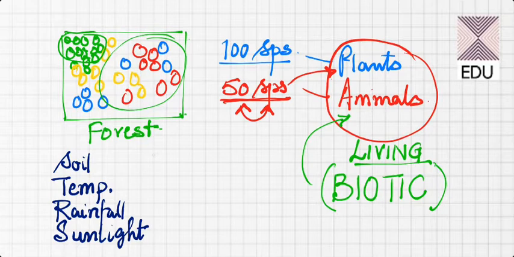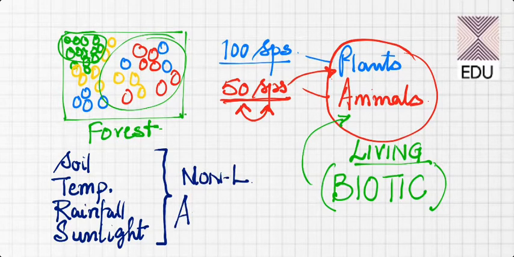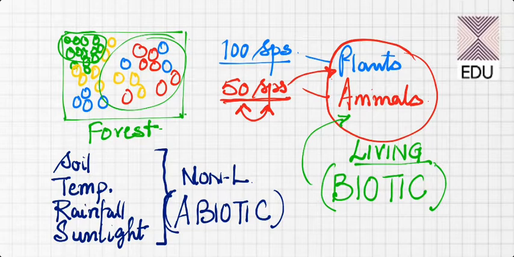So all these things, including the wind or the air quality, are non-living, first of all. So they are non-living, and they are called abiotic factors or abiotic components. Now students, this is a very, very important thing.